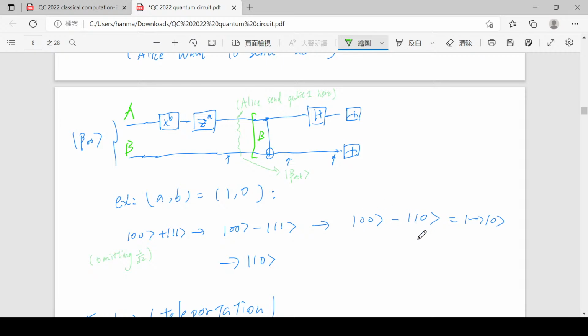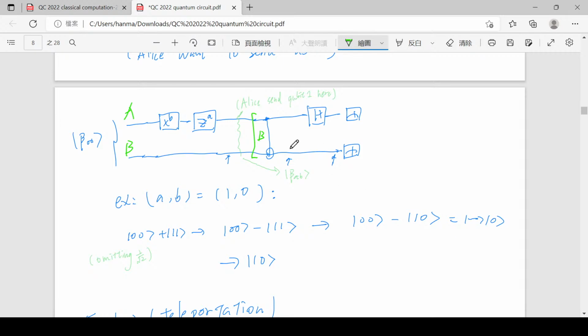It's easier to see this as: both of them have second qubit 0, so actually it's 0 minus 1 tensor 0, so it's just the minus state tensor 0.